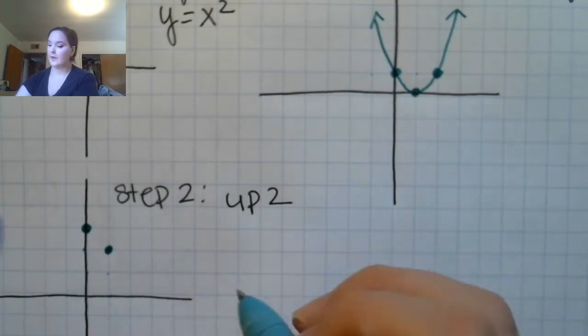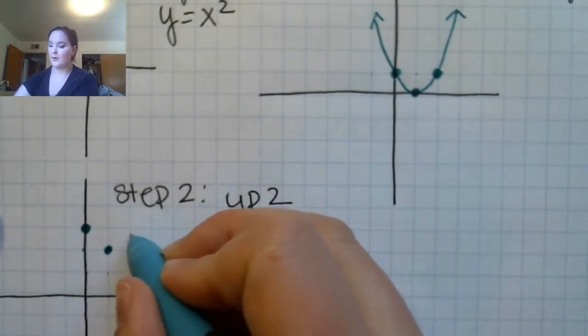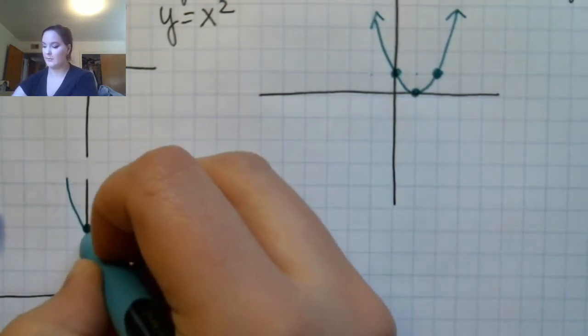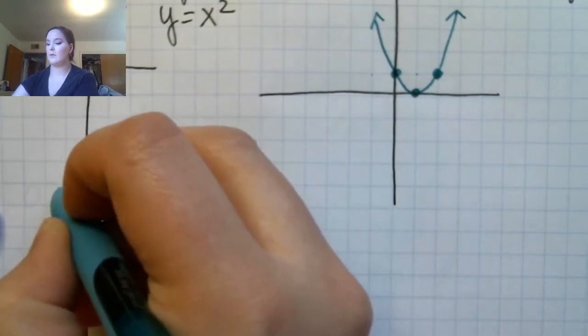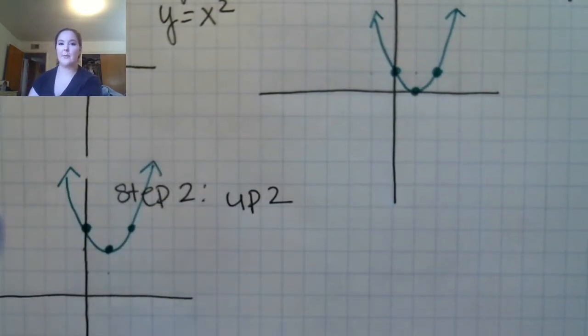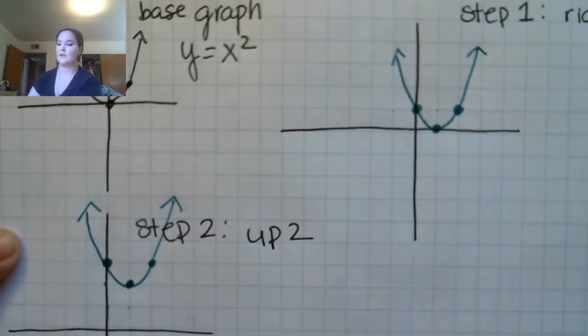And then last thing, I'm going to take my key point that was here and move it up 1, 2. And then I'm going to draw in my shape. So you can see that you just do one step at a time: base graph, first transformation, second transformation.